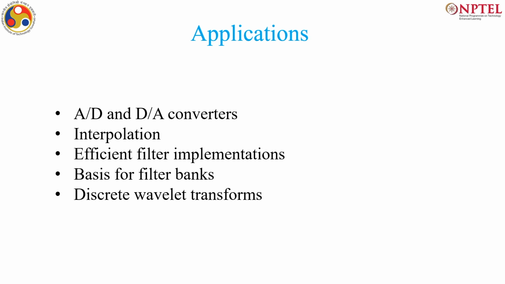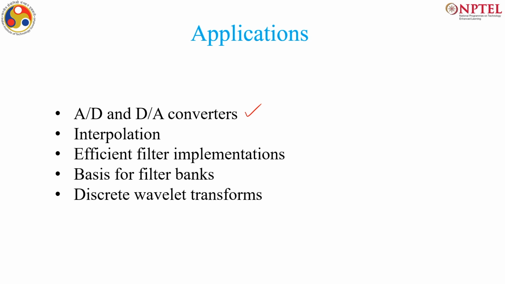So, where is multirate signal processing used? This is used typically in analog to digital and digital to analog converters. When I am recording this video, I am not only recording my video, which is a sequence of images, but I am also recording my sound.